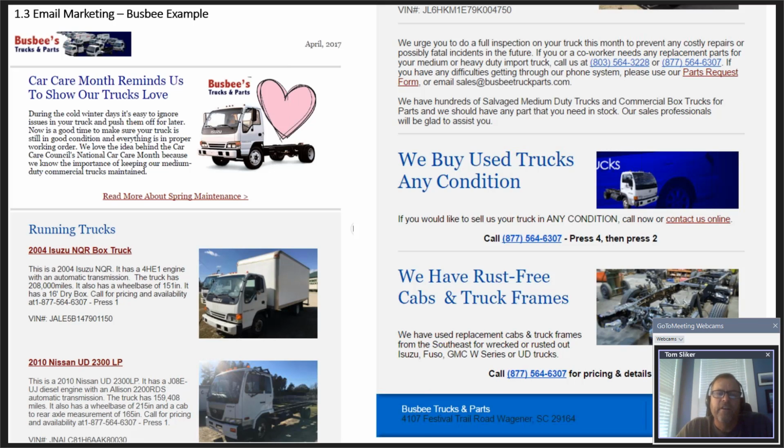So if you've got 5,000 or 10,000 people that are interested in a particular kind of truck like we are here at Busby, then we can be the main provider of information about these trucks. Not only do we have a lot of expertise in this area, but we also have trucks for sale. That's kind of what we would do in a typical email.